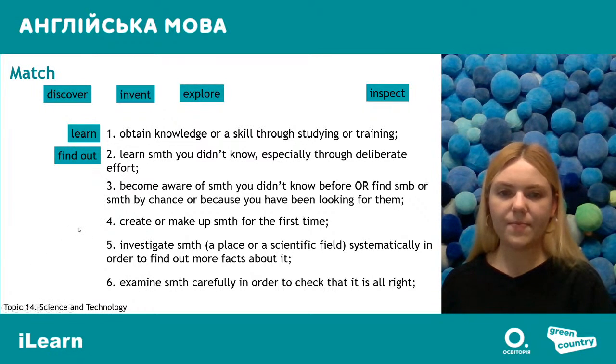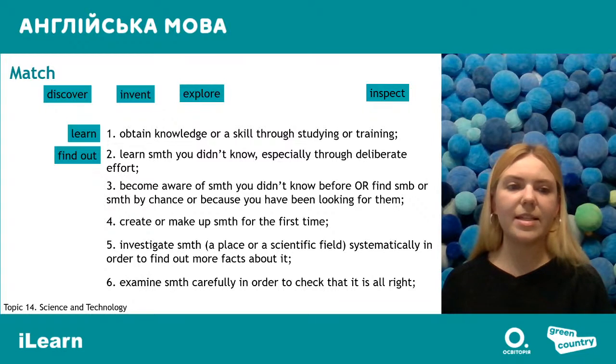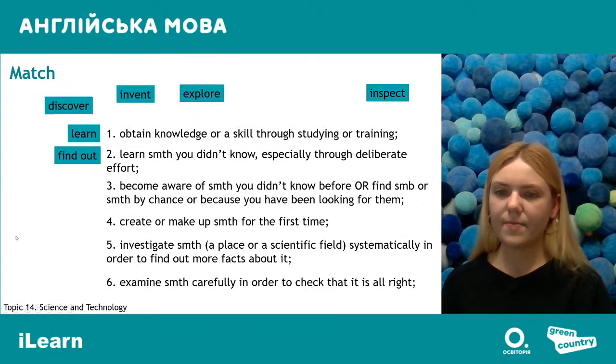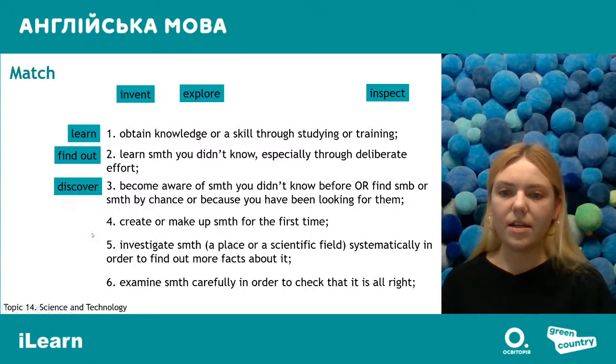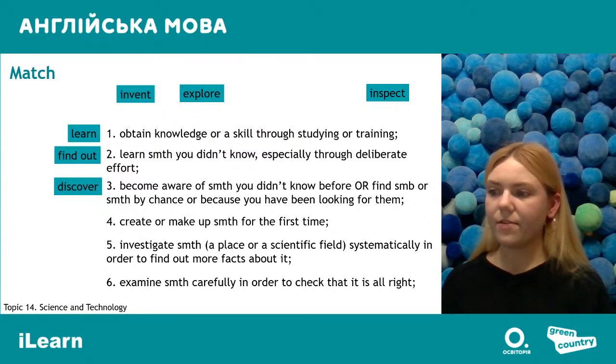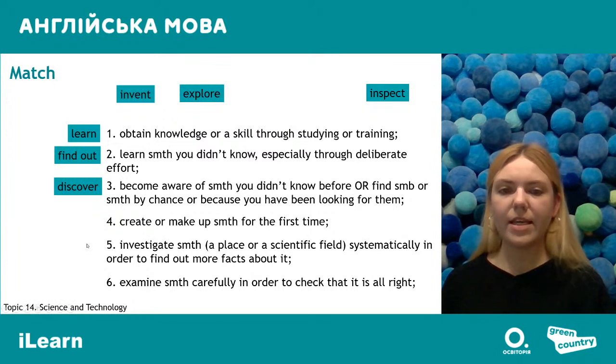Then number 3. Become aware of something you didn't know before, or find somebody or something by chance. And that is discover, відкрити. Then 4. Create or make up something for the first time.